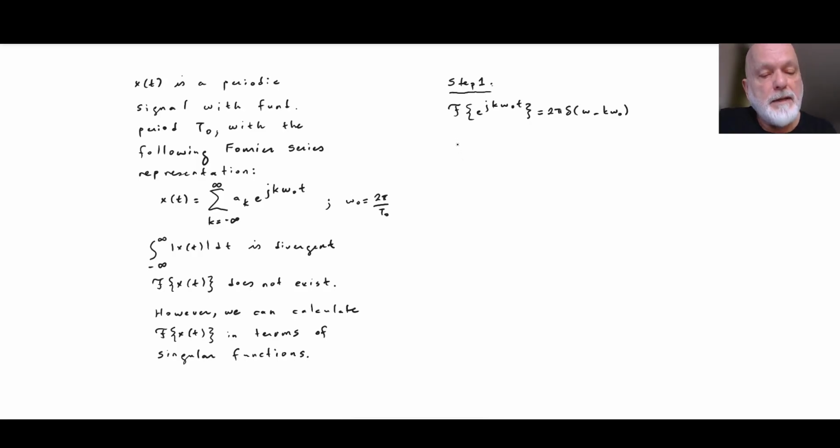And the next step is using linearity of the Fourier transform.